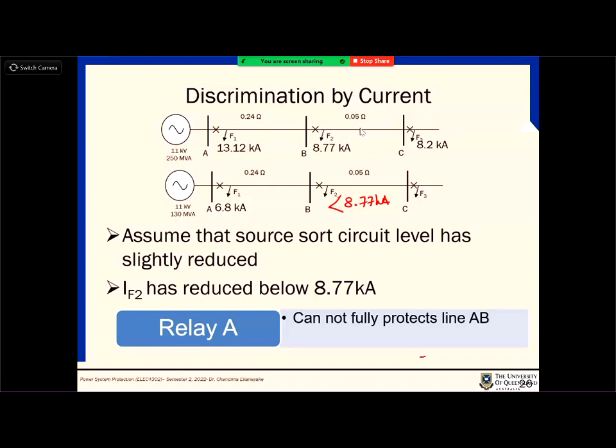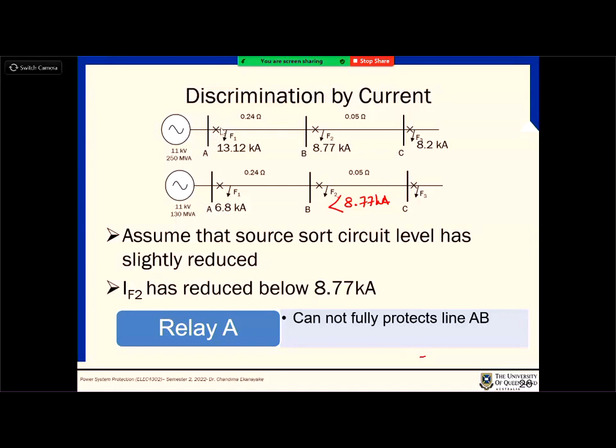So that is another problem, because if you set it to a lower fault current, when the relays are operating under full short circuit power, then relay A might trip for faults between B and C, right?